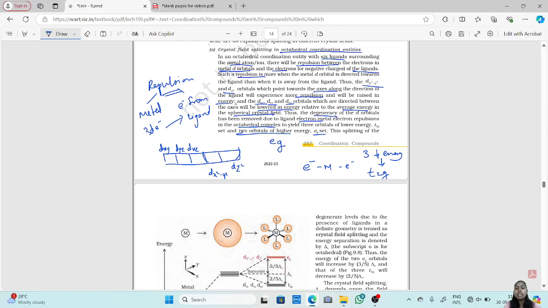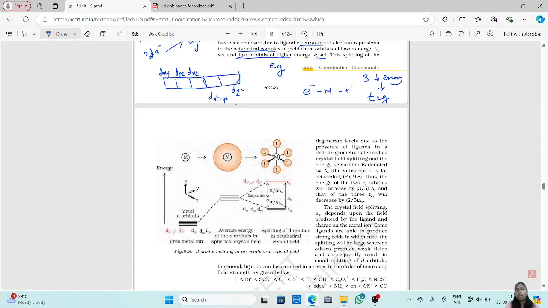Now this splitting of the degenerate levels due to the presence of ligands in the definite geometry is termed as crystal field splitting. So now we have 2 sets, right? 3 lower energy and 2 higher energy.